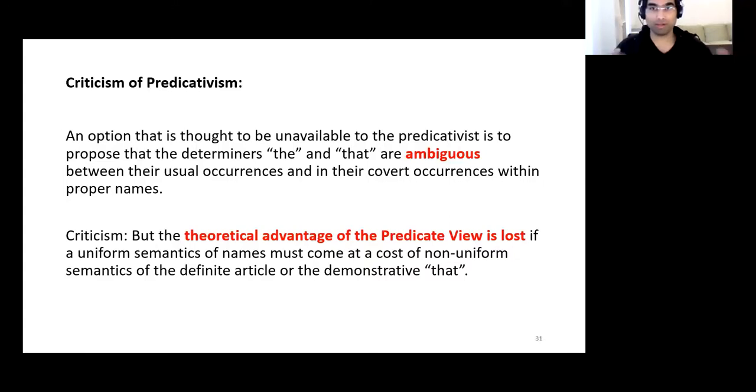So one of the advantages of predicativism is that we get a uniform semantics for the proper nominal, but that should not come at the cost of a non-uniform semantics of the determiner that, according to predicativists, is part of a proper name.